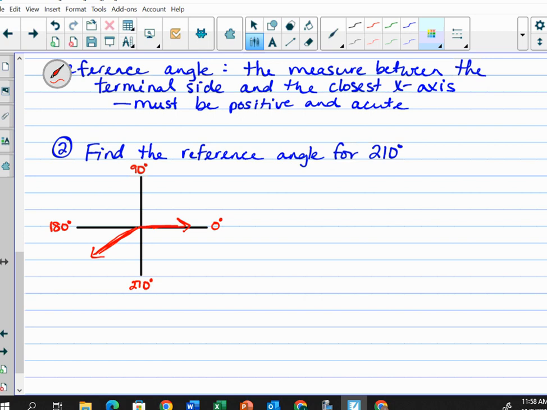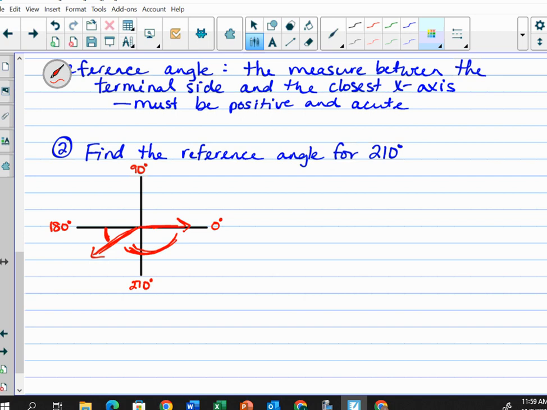That's 210 degrees. What I'm talking about for a reference angle is this distance between the terminal side and the closest x-axis. That's this part over here on the left in this case. If you try to use the other one, this distance, isn't that going to be not an acute amount of distance?